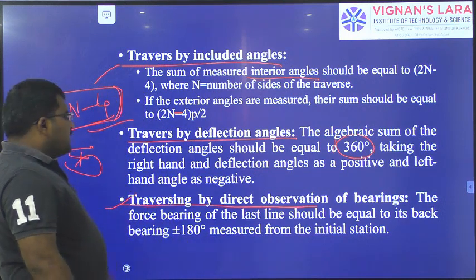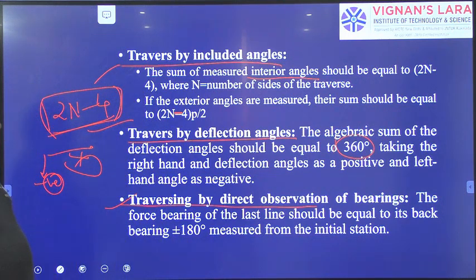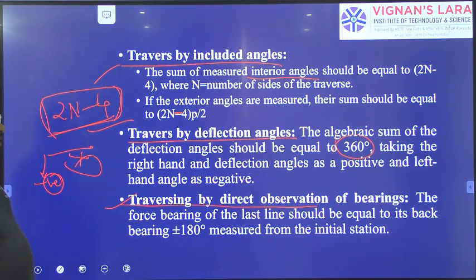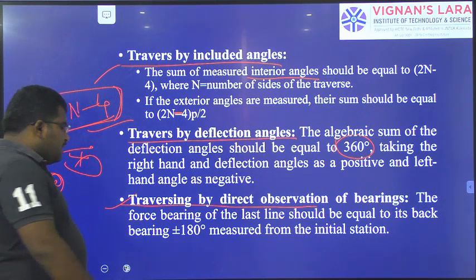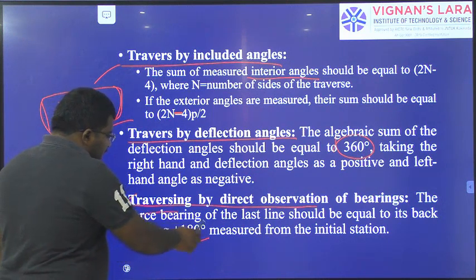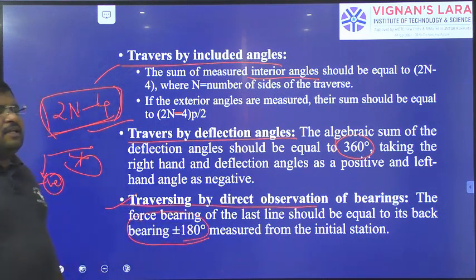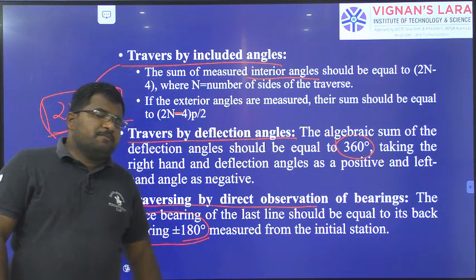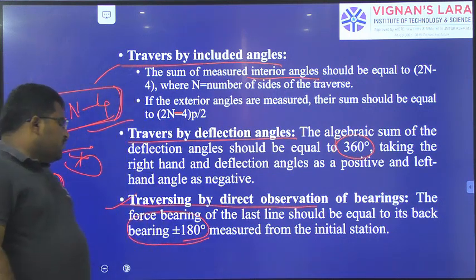Next, traversing by direct observation of bearings. The fore bearing of the last line should be equal to its back bearing plus or minus 180. If it is more than 180, you deduct 180 from that value. If less than 180, you add 180.